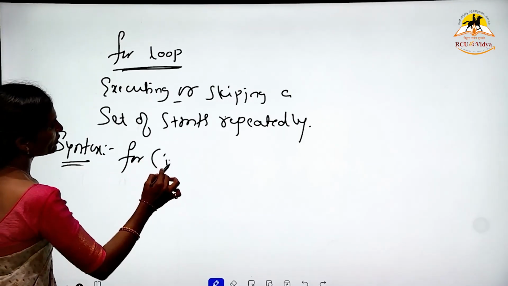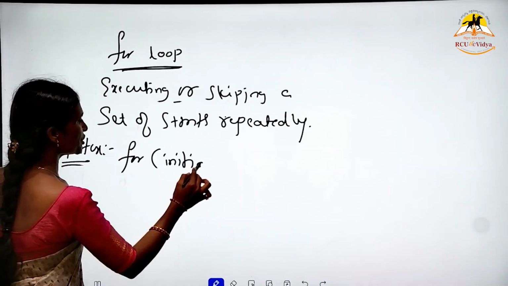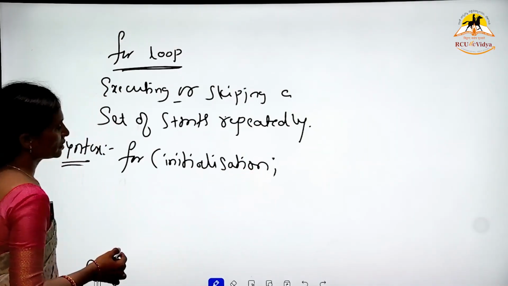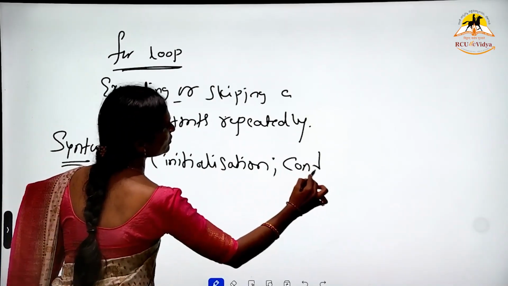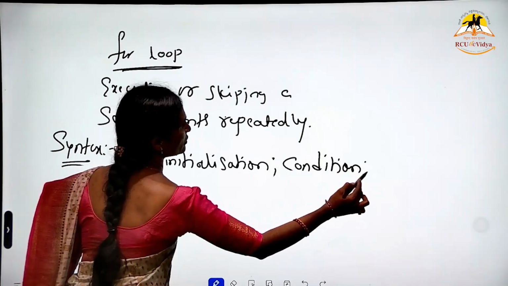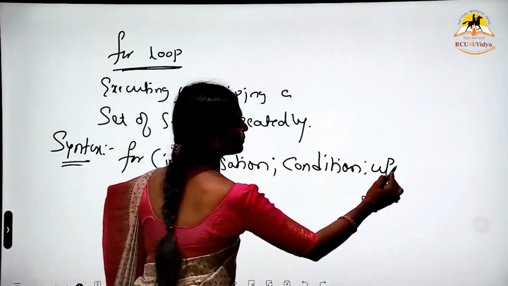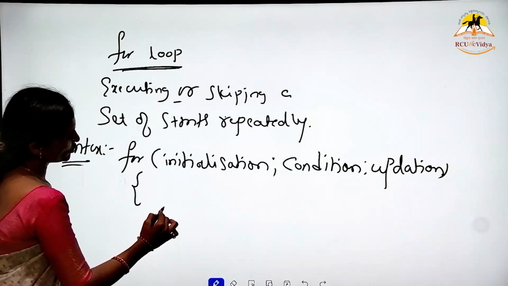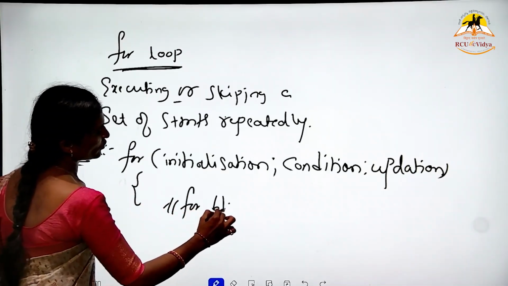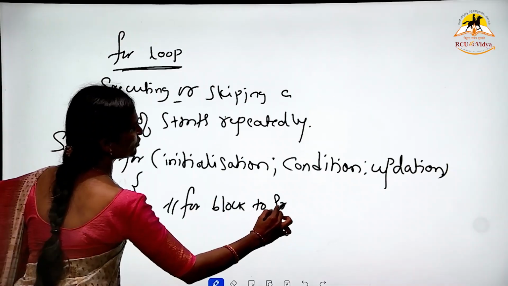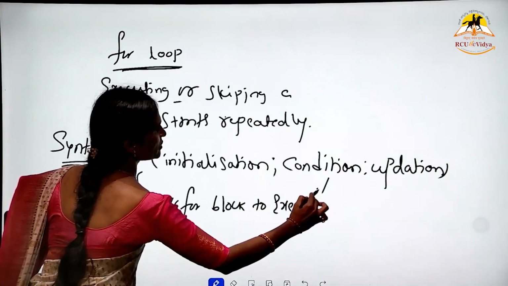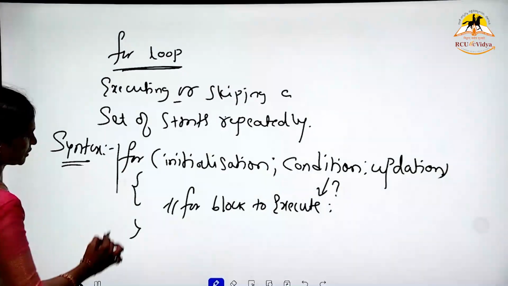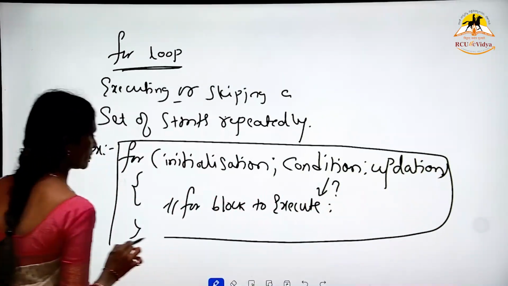That is for, first the initialization, separated by a semicolon, then the condition, then the updation. And here the block to execute. Based on this condition, this block will execute. This is the syntax for the looping.